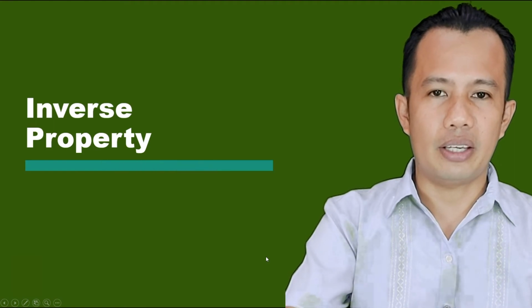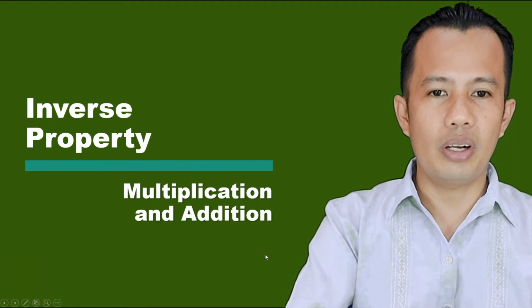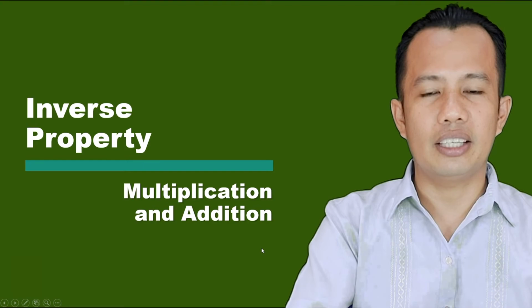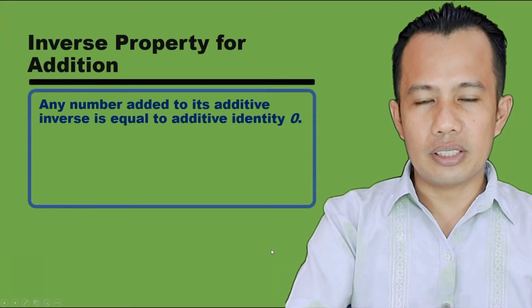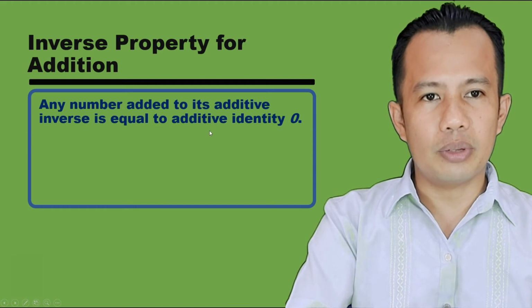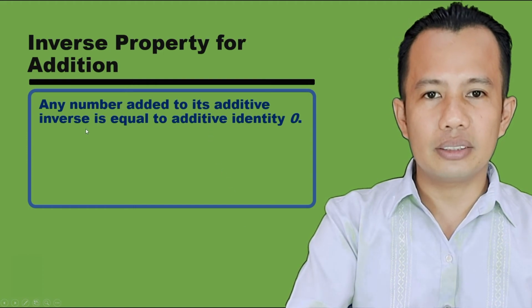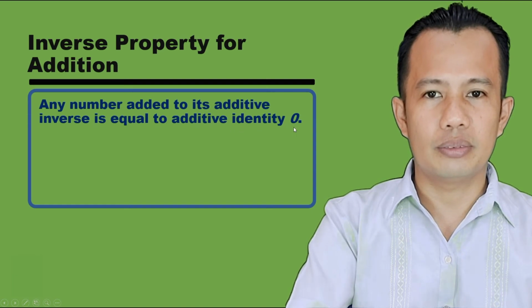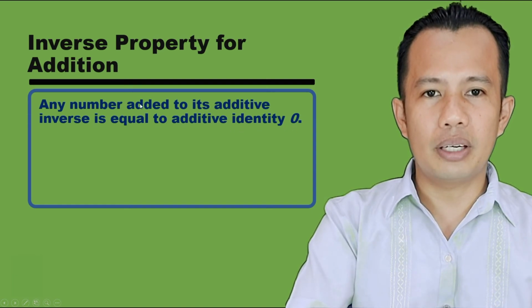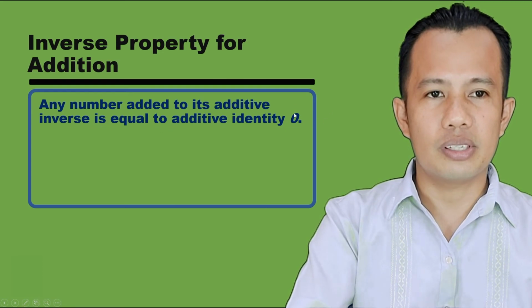Next property, inverse property on multiplication and addition. Inverse property on addition states that any number added to its additive inverse is equal to the additive identity 0. Or in short, any number added to its additive inverse is equal to 0.